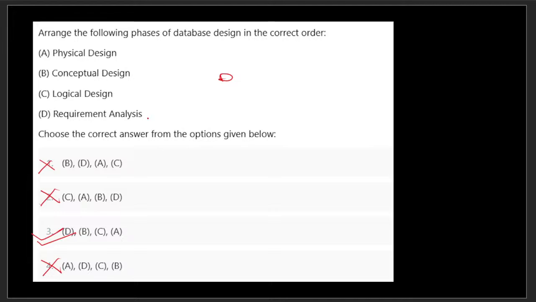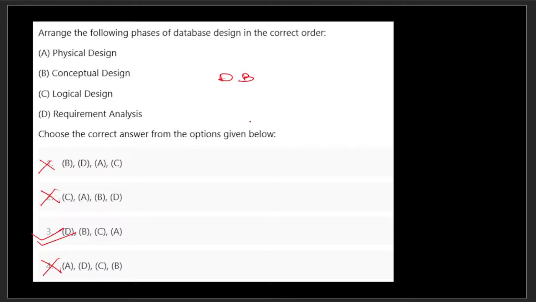After that, the second will come is B, which is conceptual design. In this phase, a high level data model is created, often using ER diagrams. What is an ER diagram? Entity relationship diagram. This model represents the main data entities and the relationships between them.